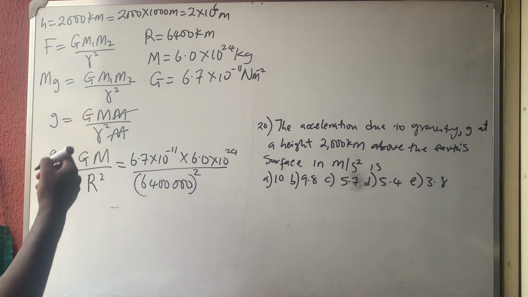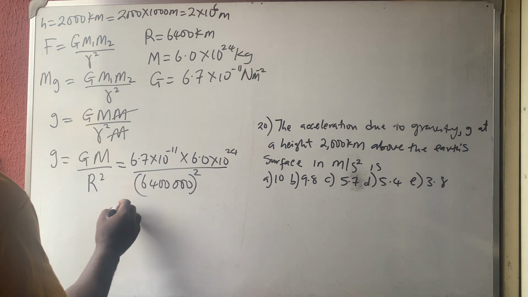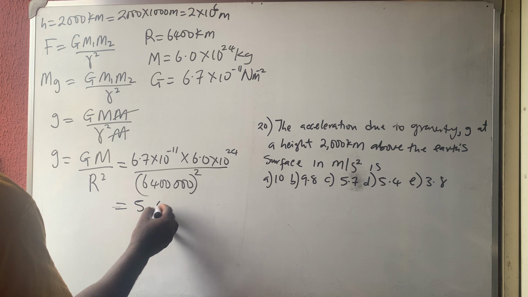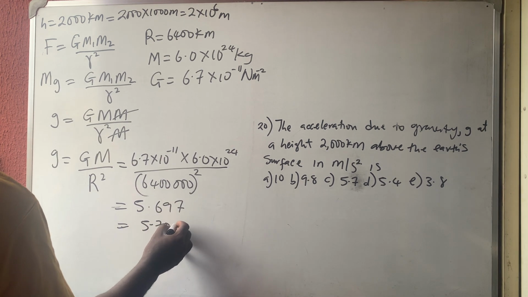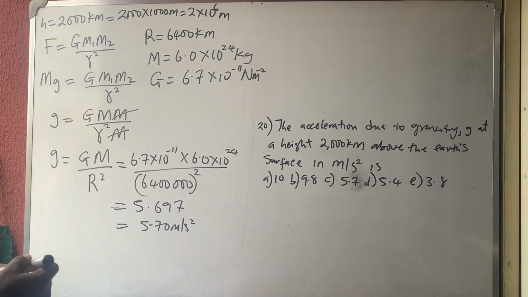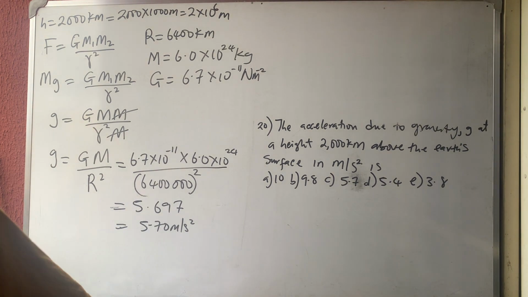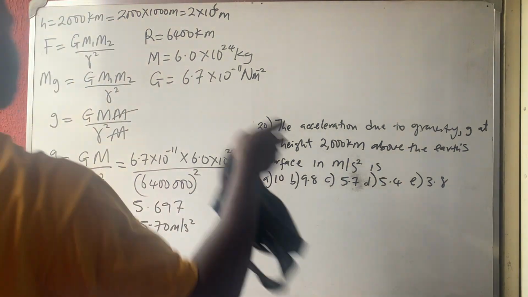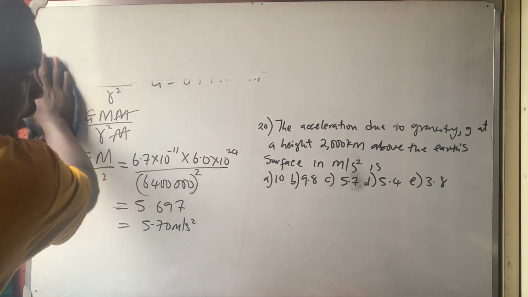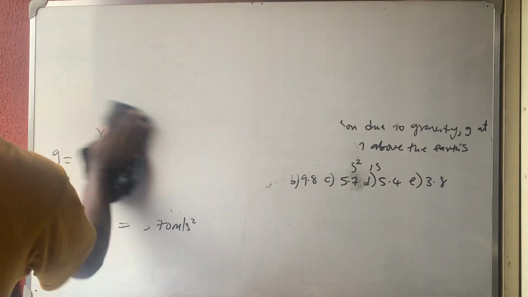And the last answer we have here is 5.697, so approximately 5.70 meter per second square. So C is the correct option. So let's move to the next question, that is question number 21.